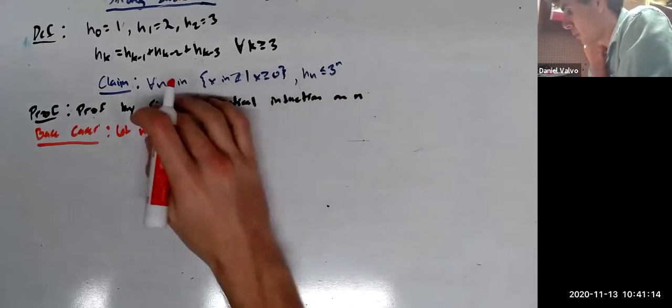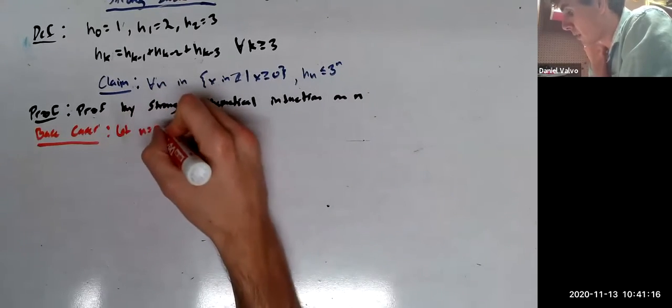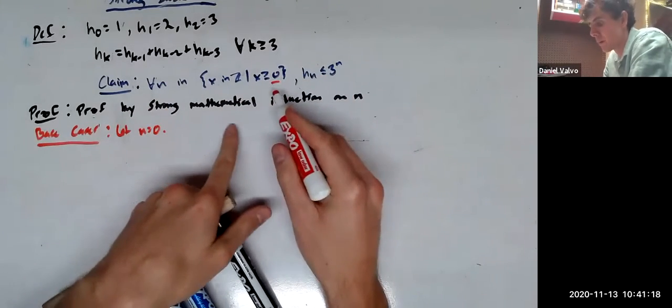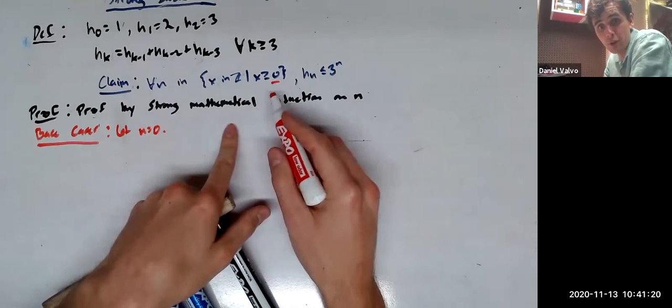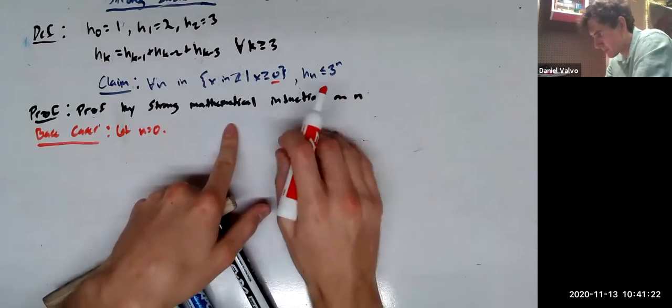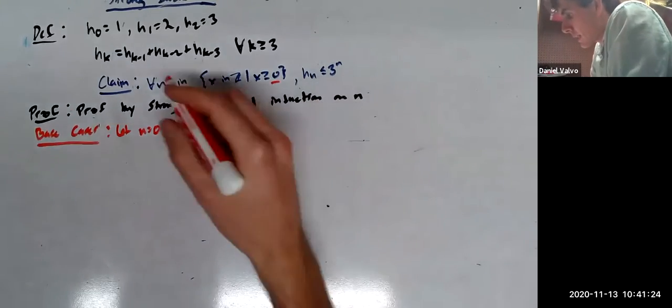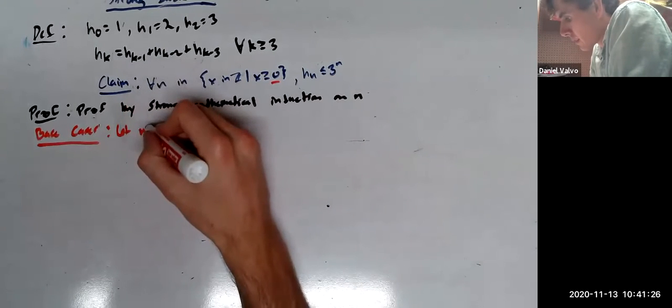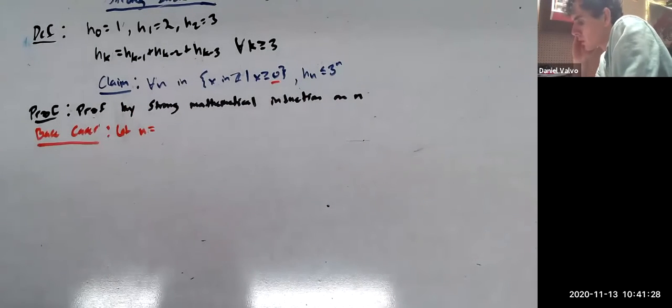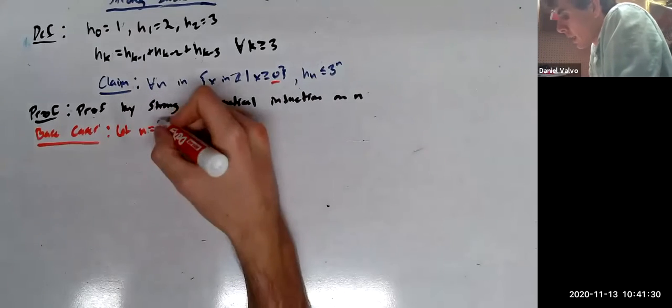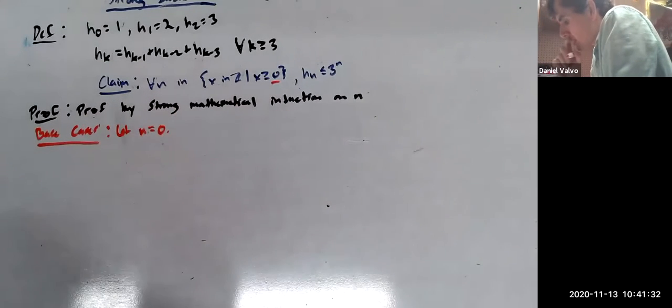Actually, no, I'm sorry. We don't want to start at 1. We want to start at 0, right? Because our set starts at 0. We're trying to prove it for everything bigger than or equal to 0. Let n equal 0.